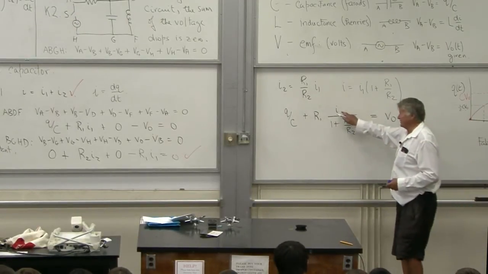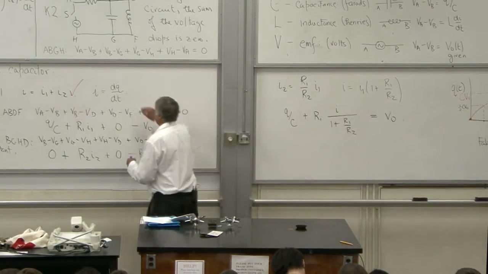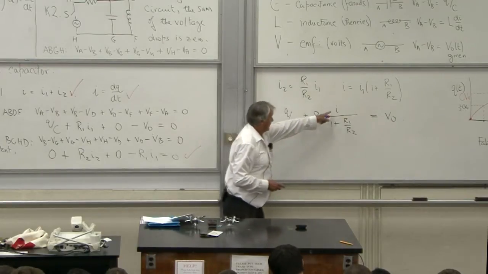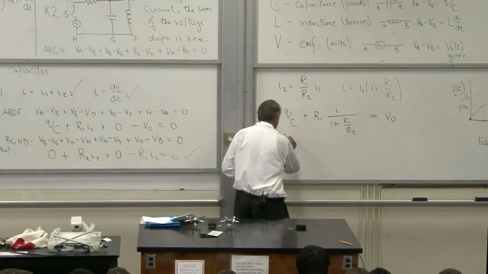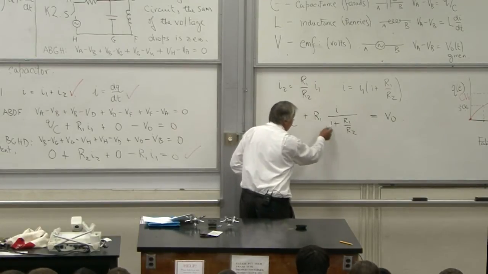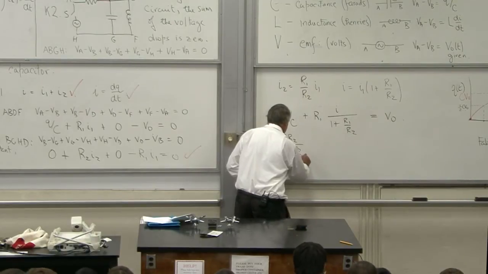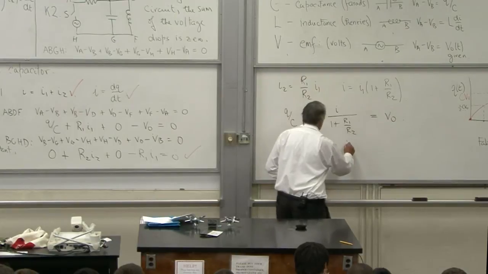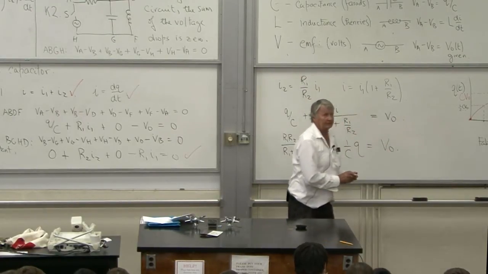Now, I is dQ/dt. So this equation is R1R2 over (R1 plus R2) times dQ/dt, multiplying above and below by R2, plus 1 over C times Q equals V0.